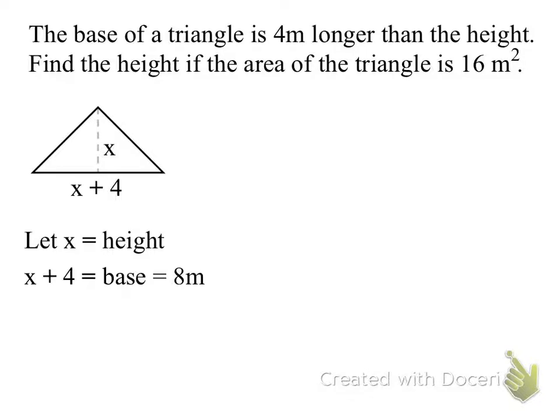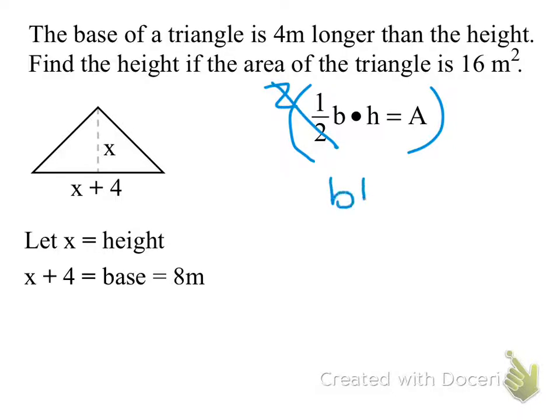So then I said, hey, what happens if we clear our fraction first? Look at this. Multiply everything by 2. And then it's going to clear, and I'm left with BH equals 2A.